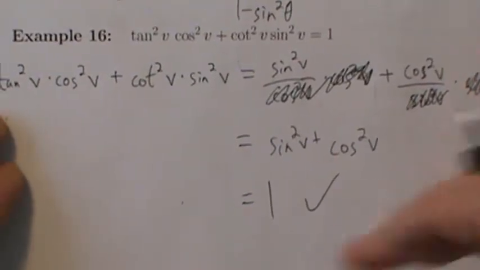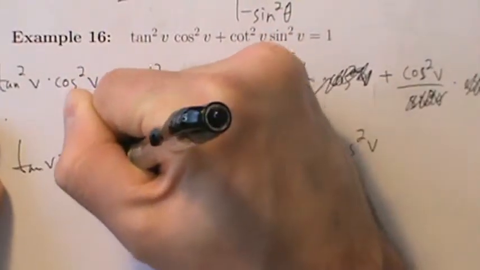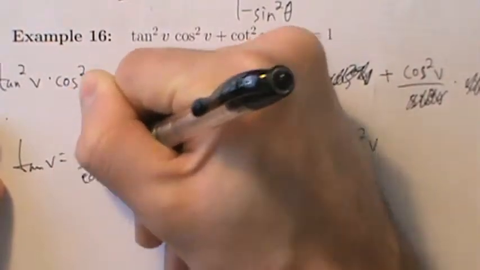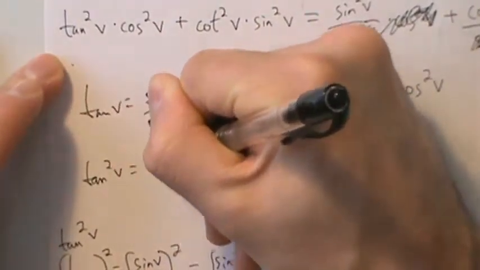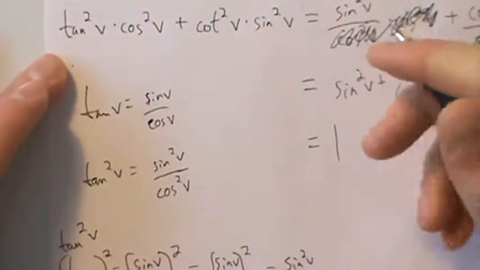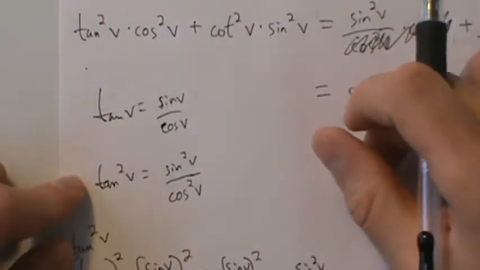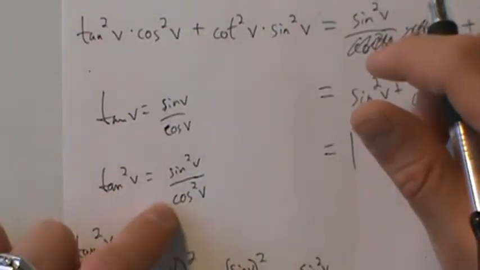since tangent of v is sine of v over cosine of v, then tangent squared of v is sine squared of v over cosine squared of v. We could just take it for granted, but we want to be careful when we take things for granted like that, and it is something you will want to show and understand.